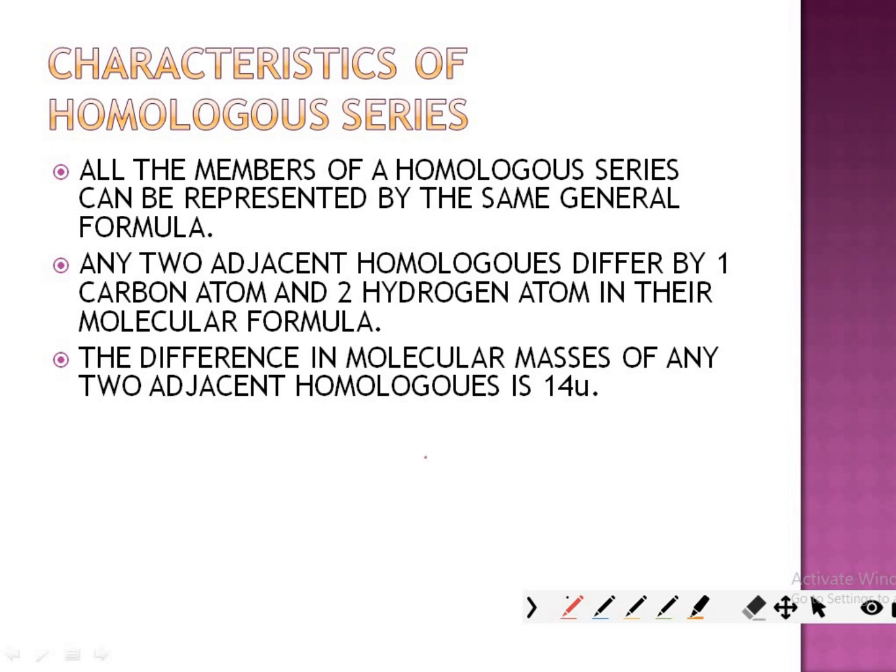Now two adjacent homologues have a CH2 group difference. What is the mass of this CH2? Carbon has a mass of 12 u and hydrogen has a mass of 1 u. There are 2 hydrogens, so 2 u. So a total of 14 u difference, right?